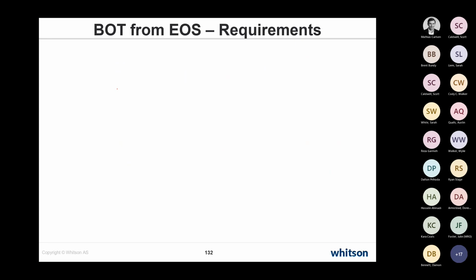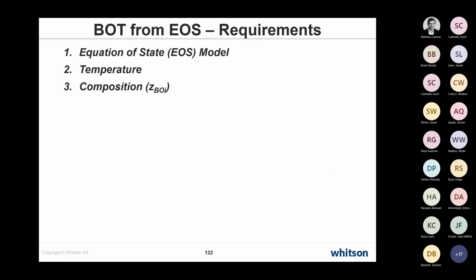So in the background, when you click generate, or you're using the PVT feature, for instance, in Whitson Plus, you predict the composition, and you're automatically generating these tables. What is actually going on behind the scenes is that you have an equation of state model there. You input a temperature. You predicted the composition with one of these methods.